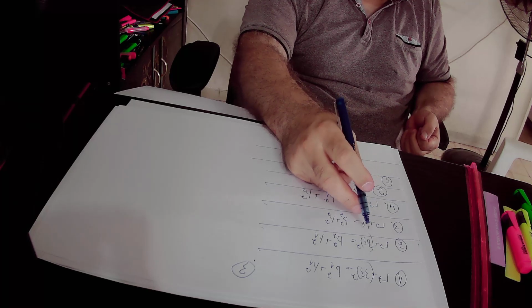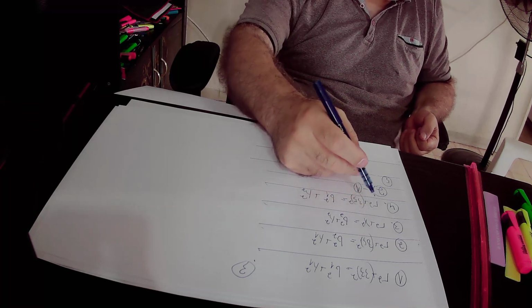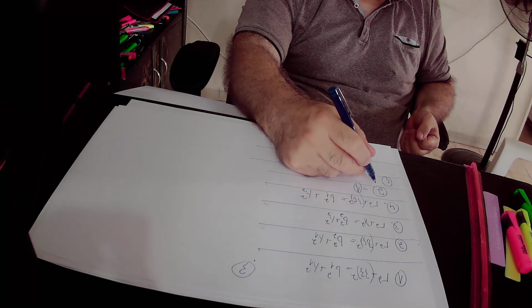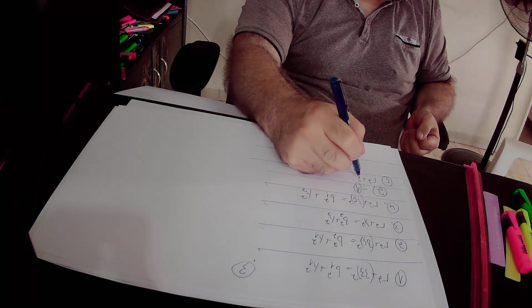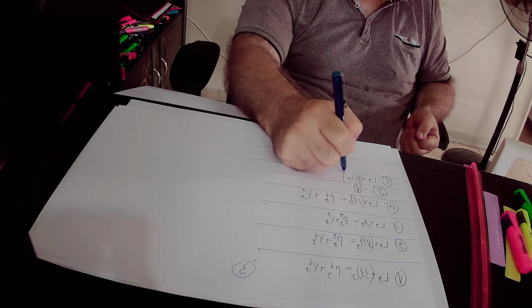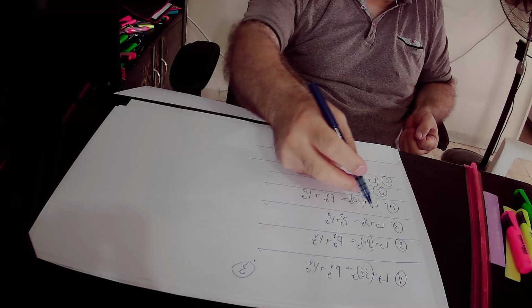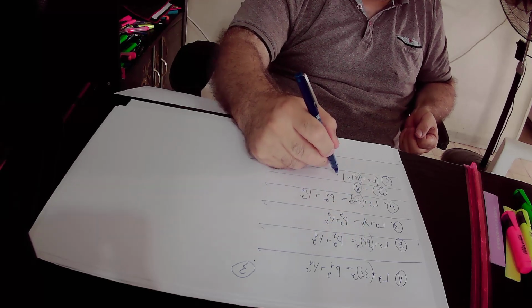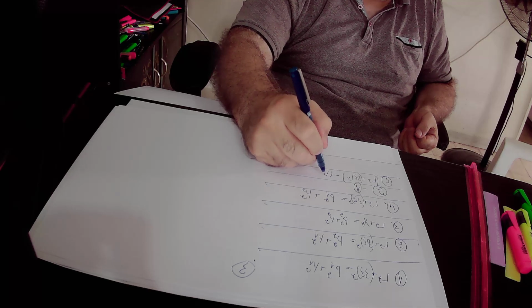Equation number 2 is R square plus 85 square, minus equation number 1, that is R square plus 33 square.